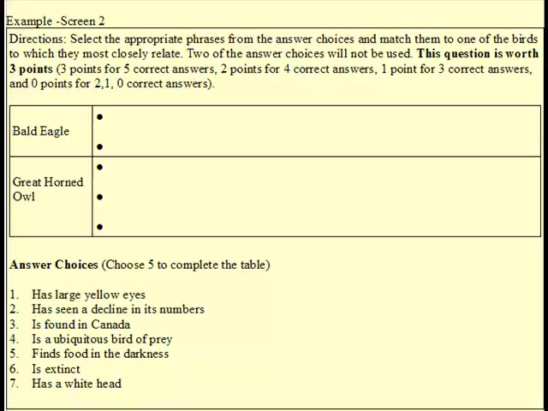From this, it can be determined that the eagle has seen a decline in its numbers and has a white head. Therefore, these are two correct answers that describe the bald eagle.